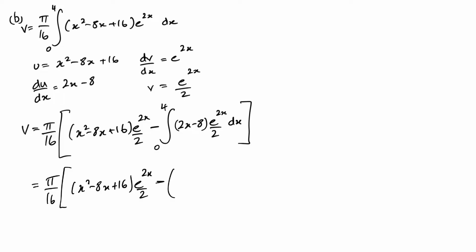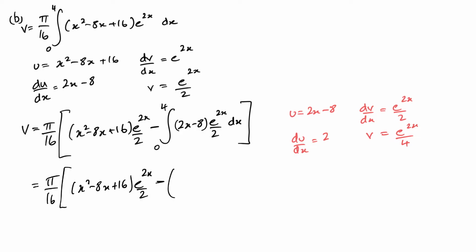So I'll do this in red. Now we're going to take again a u, which will be 2x minus 8, and the dv by dx, which will be the e to the 2x over 2. Now normally I do this bit in my head, but I'll do it here for you so you can see.